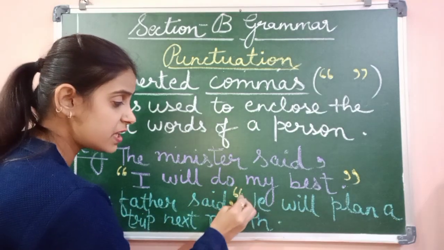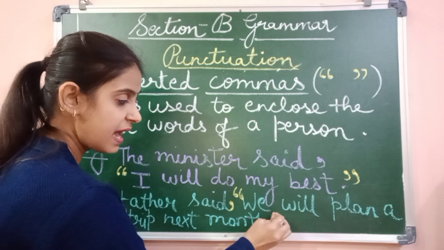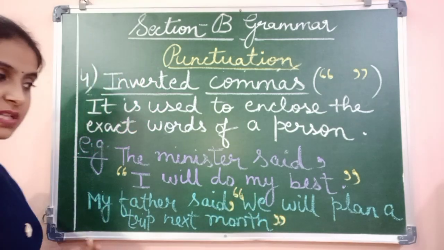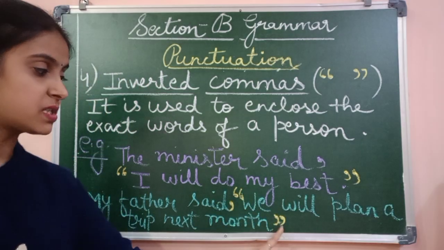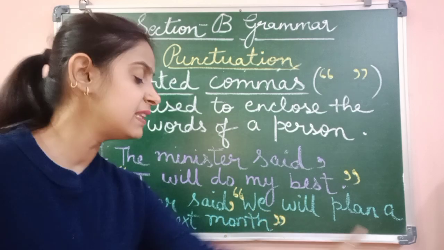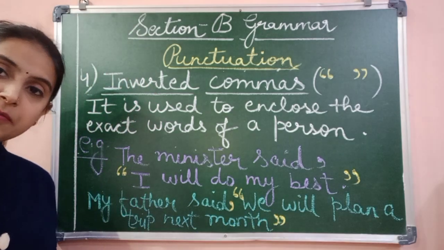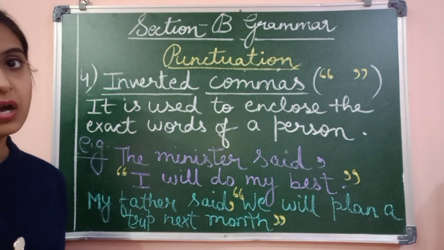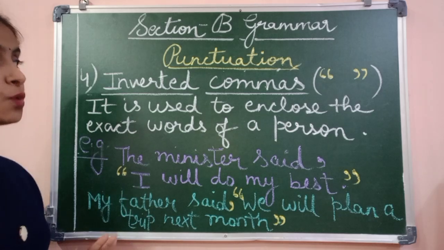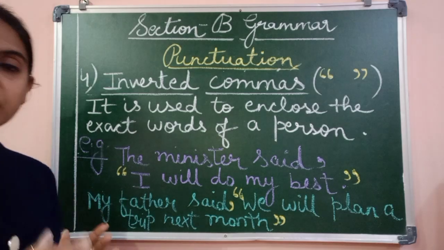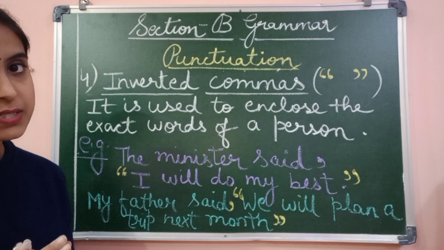And here we open the inverted commas and here we close them. Right? So these inverted commas show that these are the exact words of my father or the speaker. I hope it is clear to you. We use inverted commas to put the exact words of the speaker.